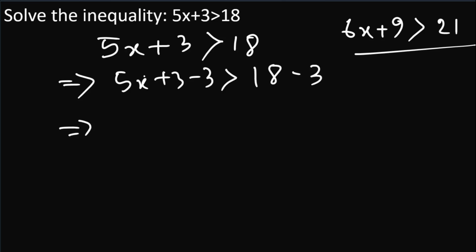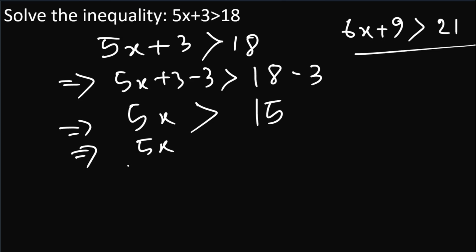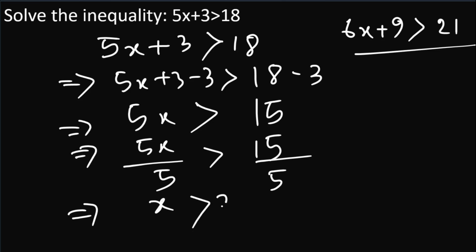So now here 3 and 3 will be cancelled, and here simply we get 5x. So here 18 minus 3 equals 15. So here we will divide 5x over 5, divide by 5 on both sides. So here we will get x greater than 3.